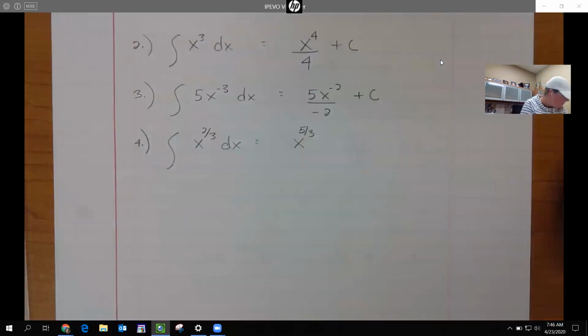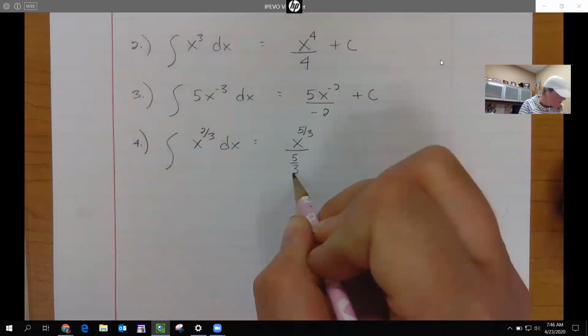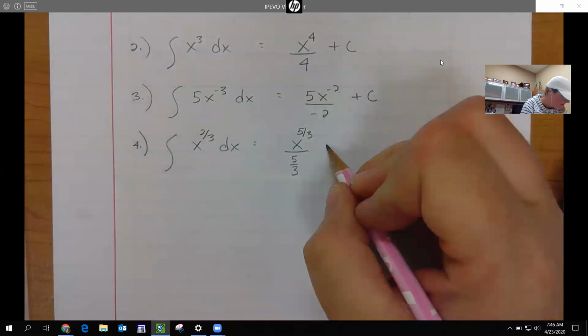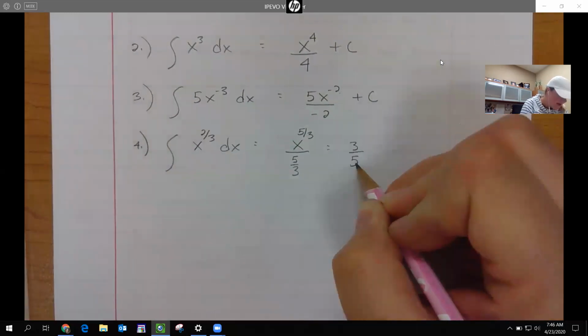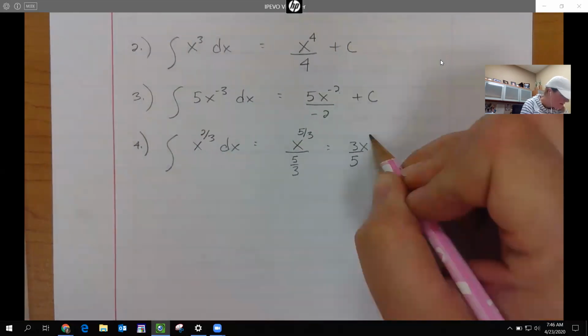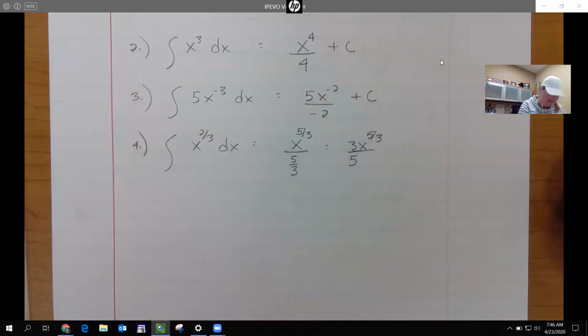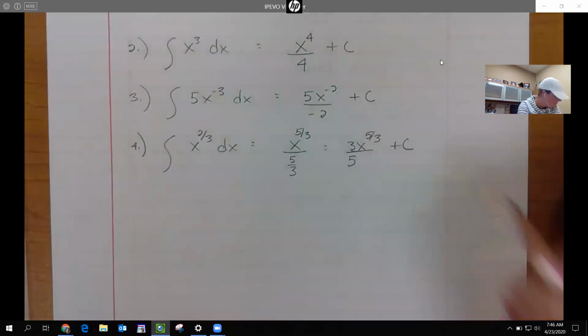So we add 1 and then we divide by 5/3. So to divide by 5/3, you flip it and multiply so that it becomes 3/5. And then you have your x to the 5/3. And then what am I missing on this? Plus c. There we go.